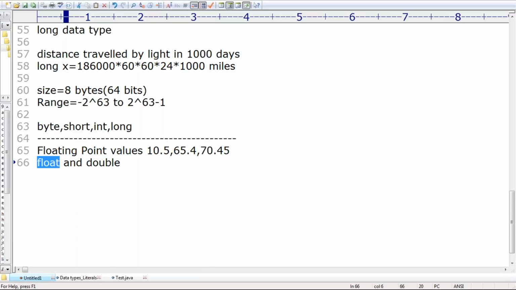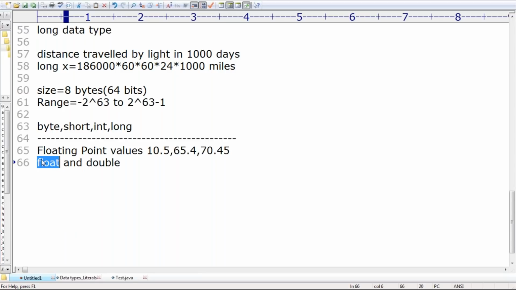Can you please guess when we should go for float? Because float and double are both meant for real values only, floating point values only. But when should we go for float and when for double? Very simple. If you want to represent smaller floating point values, better to go for float.